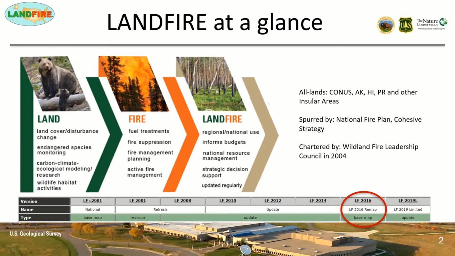You can see down here on the bottom, we have many versions. The first one was circa 2001, sort of a base map. Then we've had many updates in between, but I'm going to be focusing on our most recent complete remapping, which was circa 2016.